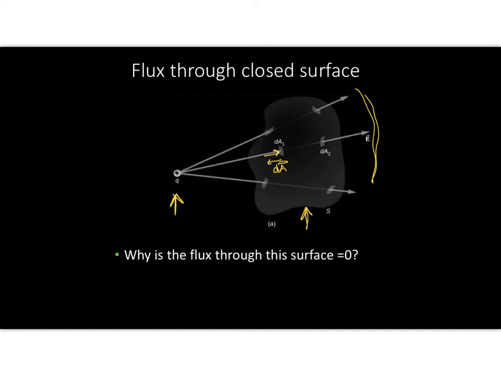So the field lines that go into the surface give a flux that is negative. But on the other side, the electric field lines come out of the surface, and those give an electric flux that is positive. What ends up happening is the total flux through the surface is zero because some of the flux is negative and some of it is positive, and they cancel each other out.